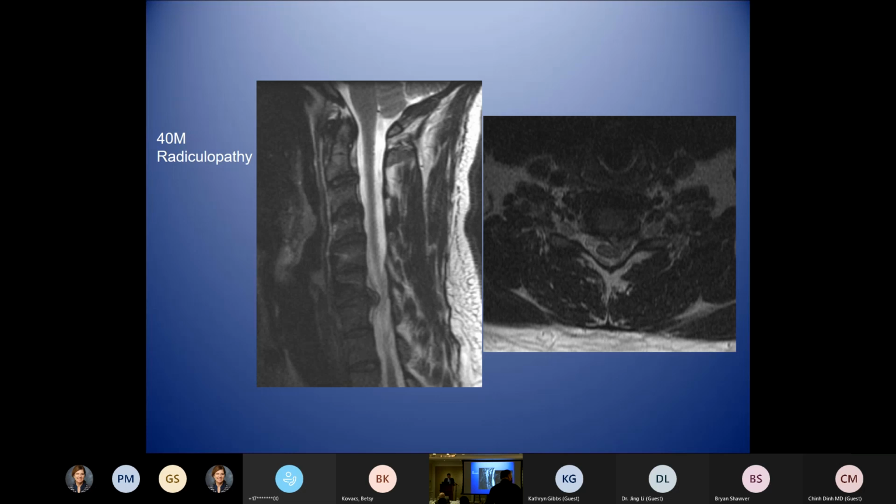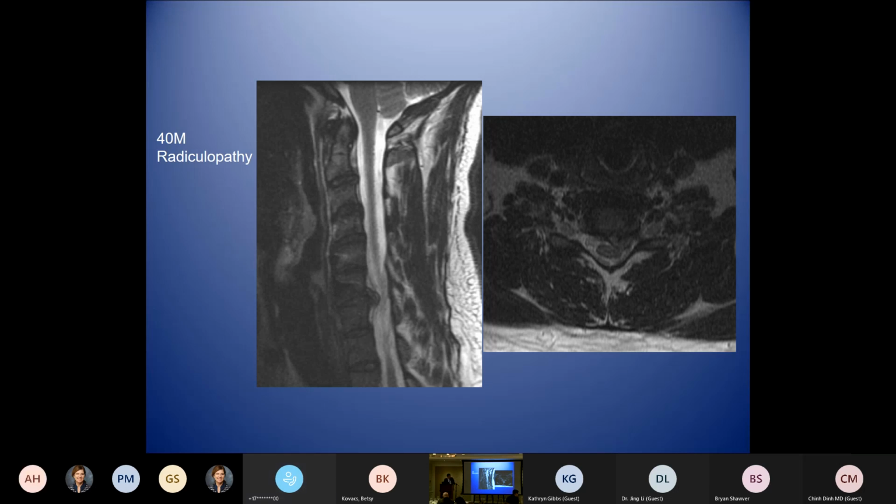He definitely did not have any hyperreflexia or any discoordination signs or symptoms that would point to a myelopathy. And this is an MRI, and you can see on the left side, this is one cut off the midline on sagittal images, where you can see a very large disc herniation at C6-7.